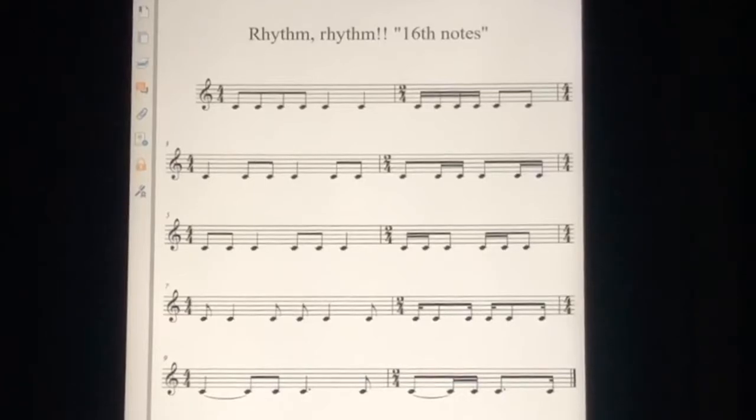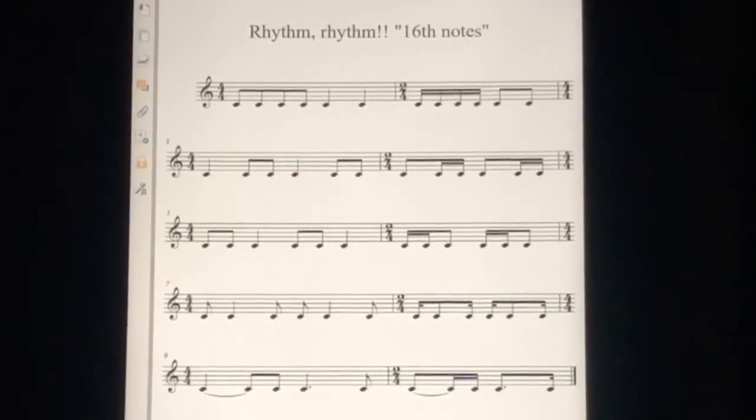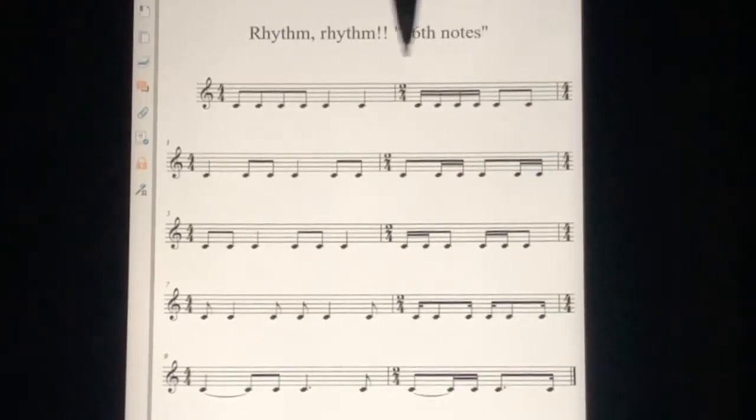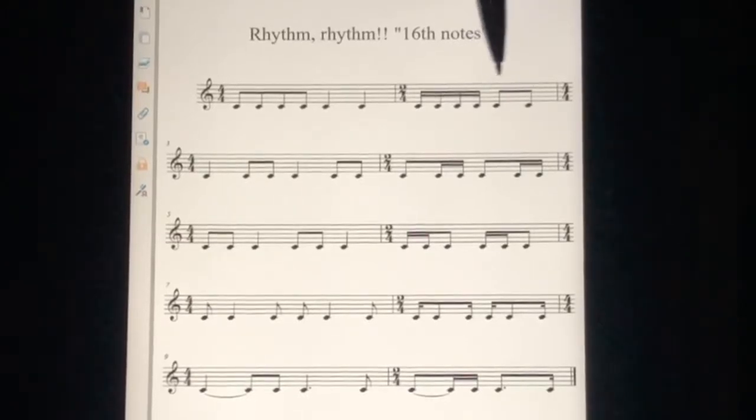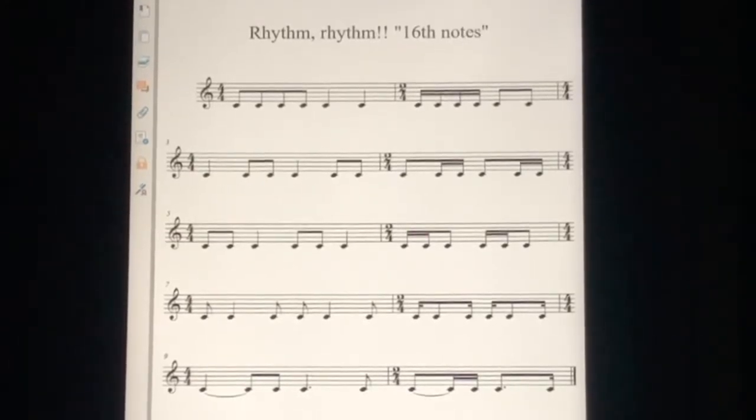First, let's make sure of a very important thing. When we have more than one 8th note or 16th note, we combine the notes together. So these are four 16ths, and these are two 8th notes.